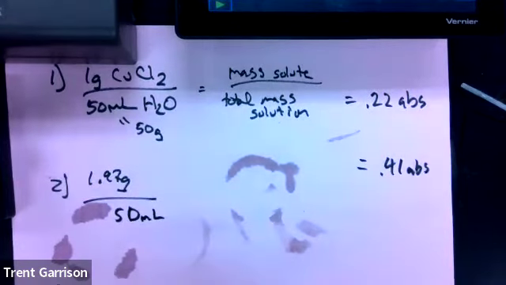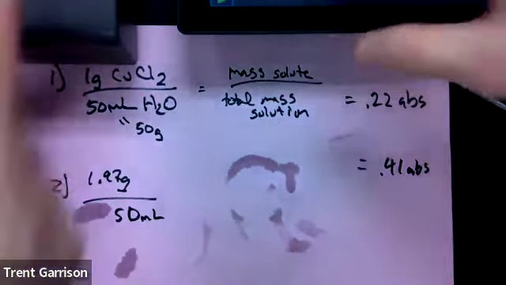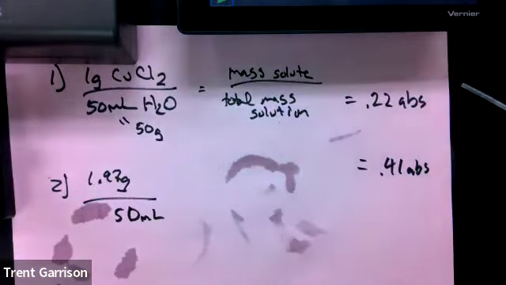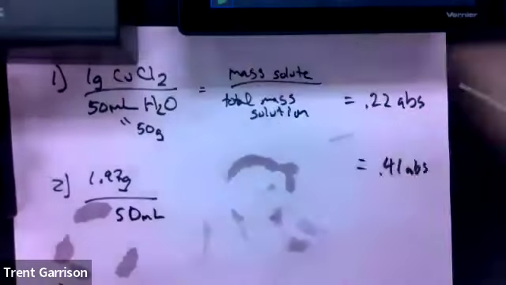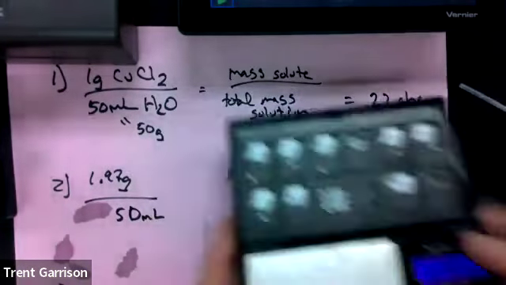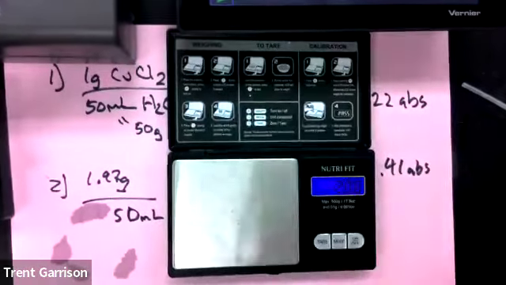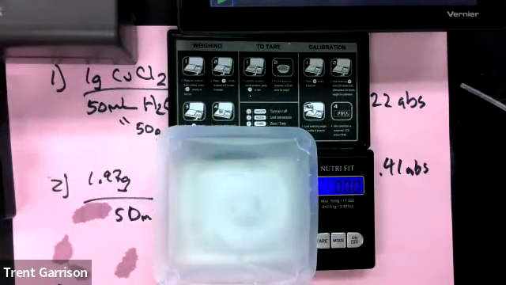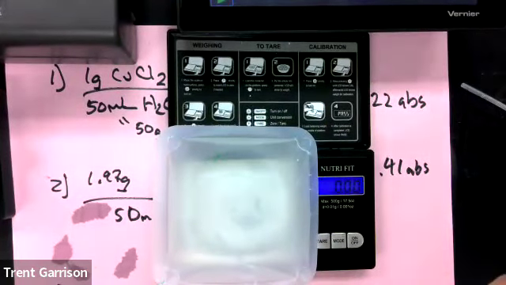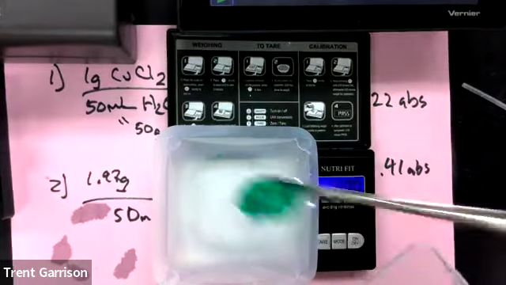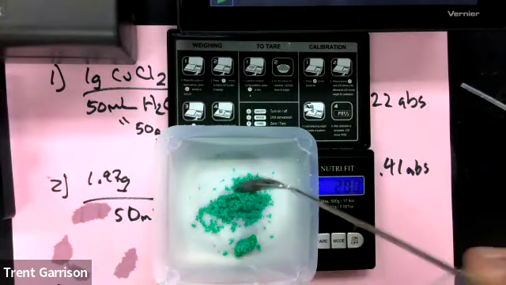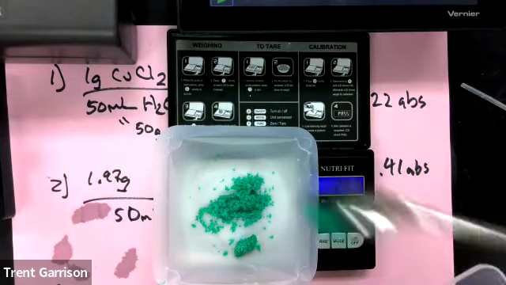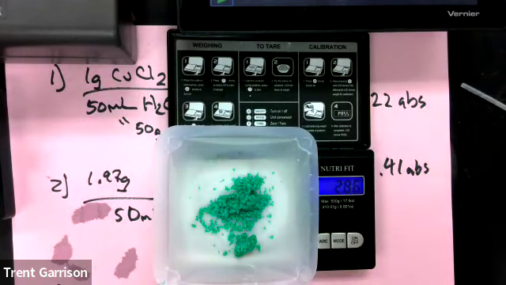And so for our third and final, so that we can make a line out of this one, what we're going to do is make 3 grams. We're just going to push this up to the next level. So I'm going to get my balance, put my weighing boat on here, and we're going to get 3 grams this time, or whatever we measure. .86.